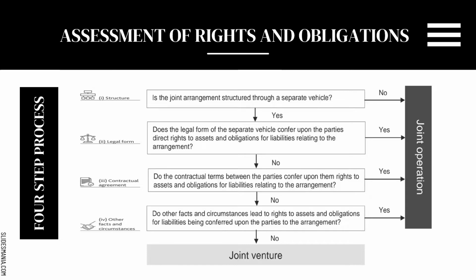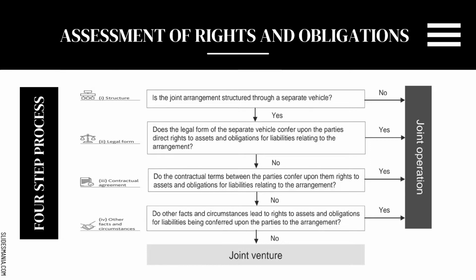So, if may rights daw over the assets and obligations sa liabilities, pag yes, nagpo-fall siya sa definition ng joint operation. Pag no, ang sagot mo, may additional question ulit. Do the contractual terms between the parties confer upon them rights to assets and obligations for liabilities relating to the arrangement?